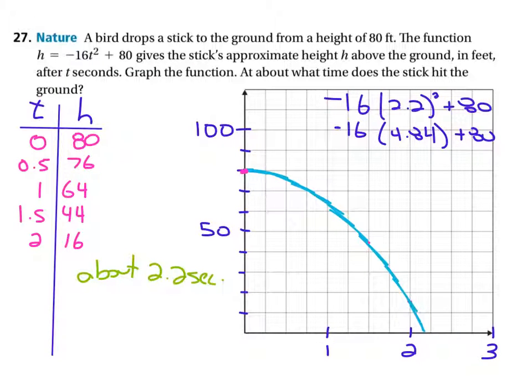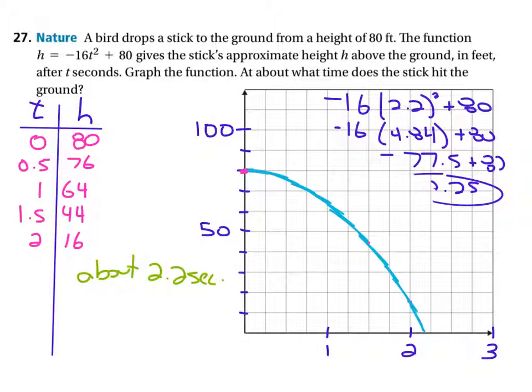This becomes like negative 77-ish and a half plus 80, that's a little bit more. At 2.2 seconds, it's 2 feet above the ground, and moving very quickly towards it. So that's about right.